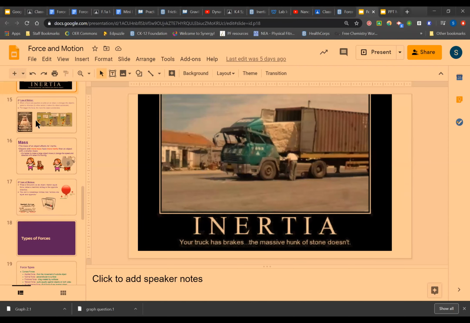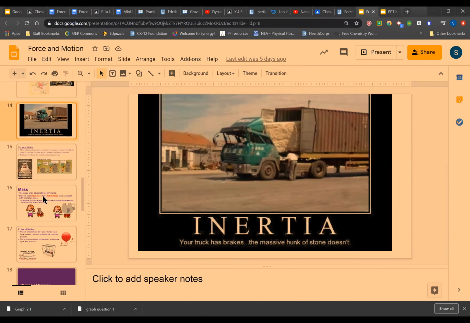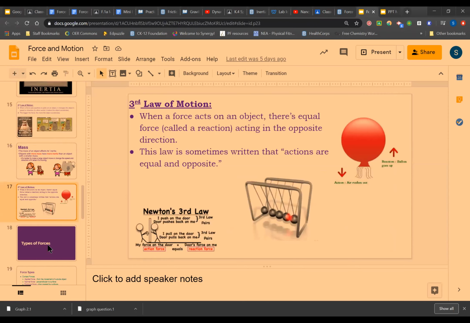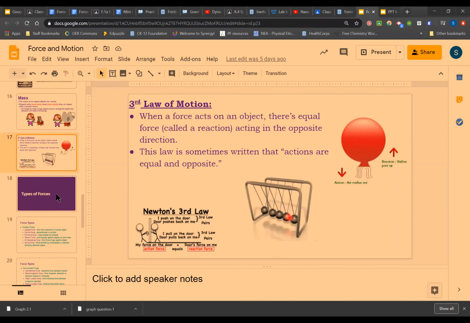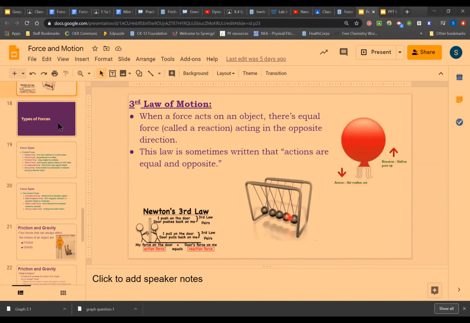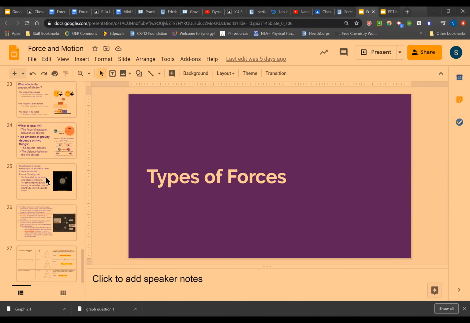That'll be Tuesday and Wednesday. And then we'll come back to this idea once we have an idea of what the first, second, and third laws of motion say about objects and their mass and the forces it takes to move them. We'll come back to all the various types of forces with the final lecture, which will probably be the longest one.